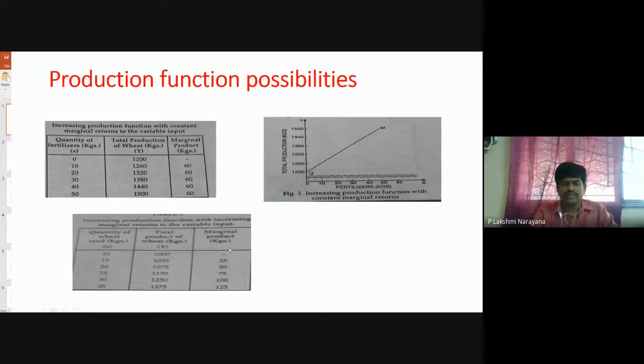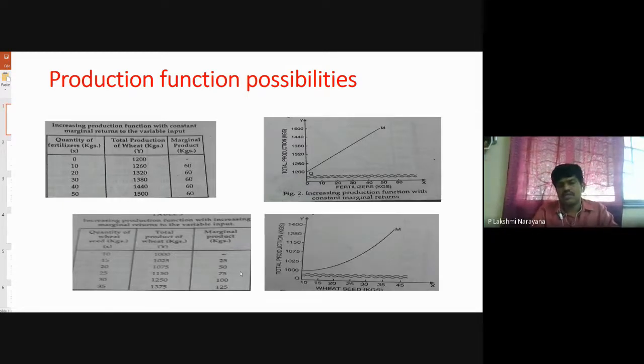But everywhere the marginal product is increased: 25, 50, 75, 100 and 125. Every time the marginal product is increased. So in this case it is increasing production function with increasing marginal productivity.